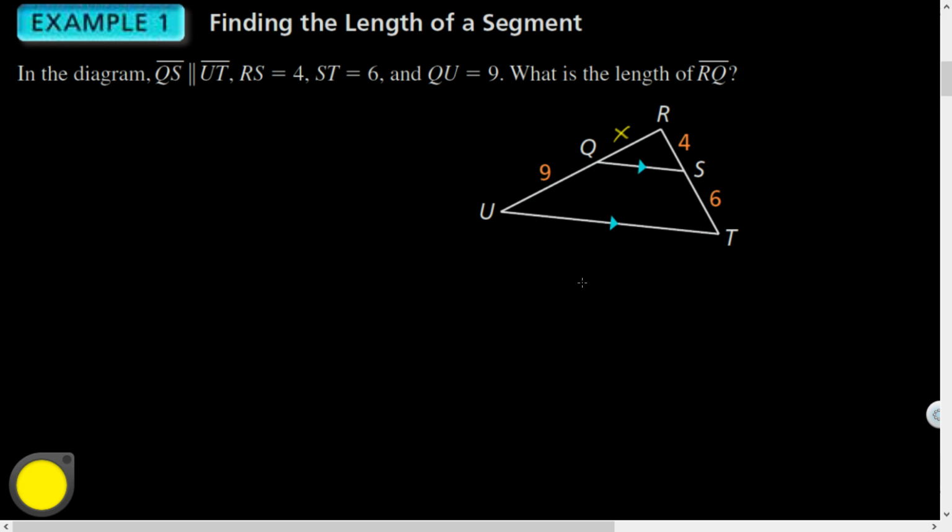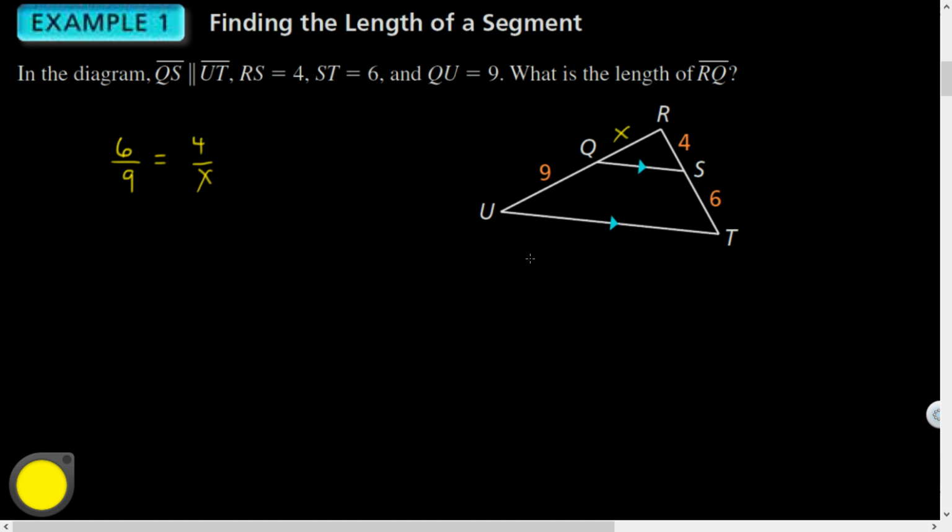So could someone give me a proportion, using this triangle proportionality theorem, that would help us solve for x? So 6 is to 9 as 4 is to x. All right, so this is to that as that is. I agree.